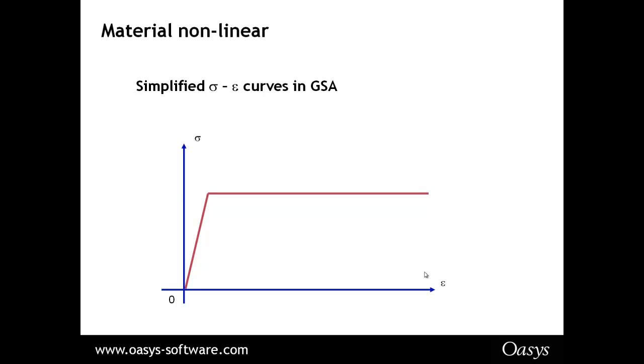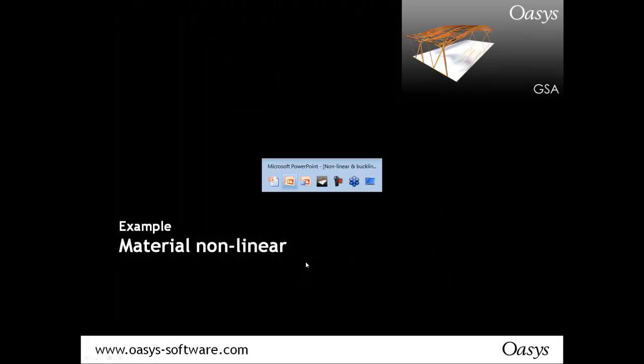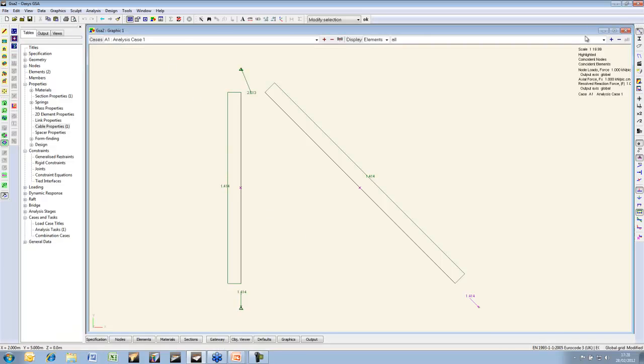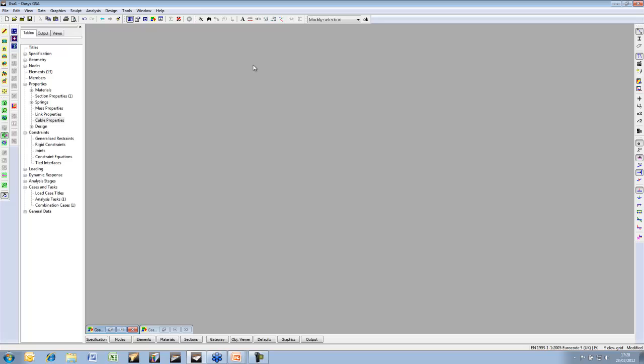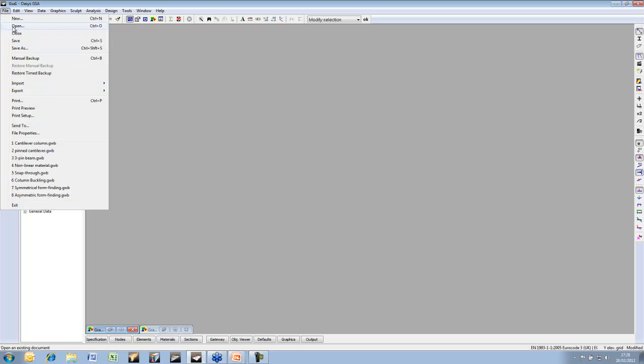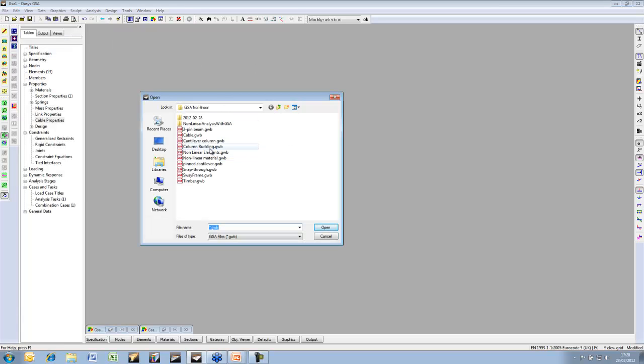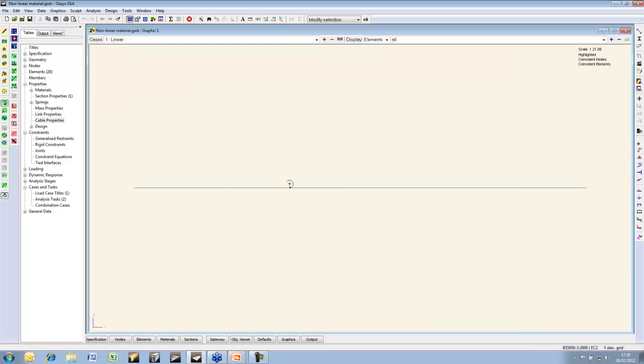This does mean that you can create plastic hinges and so on in GSA. In fact, let's open one up. Let me get rid of that and find one I prepared earlier.